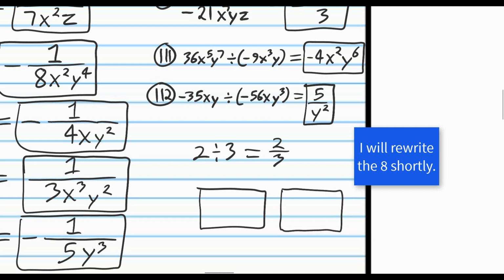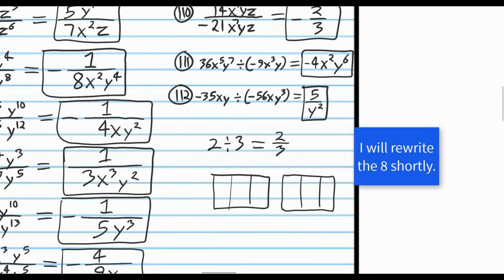And you divide these two wholes into 3 equal parts. Each part will be 2/3. So each one of these parts is 1/3. So this is 1/3, and this is the 2nd third, and this is the 3rd third.